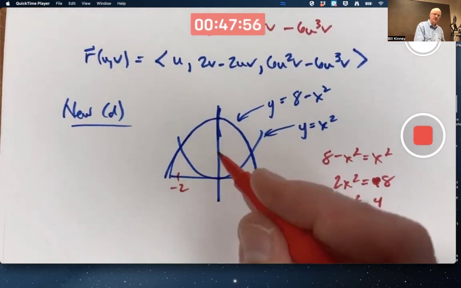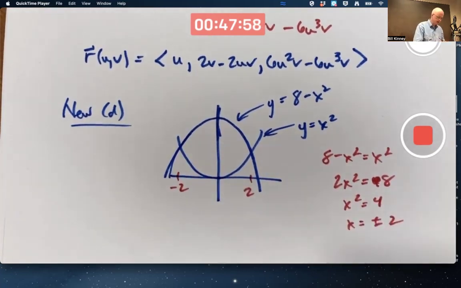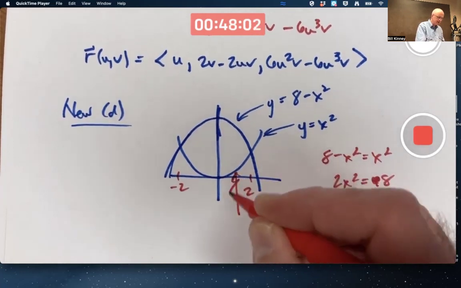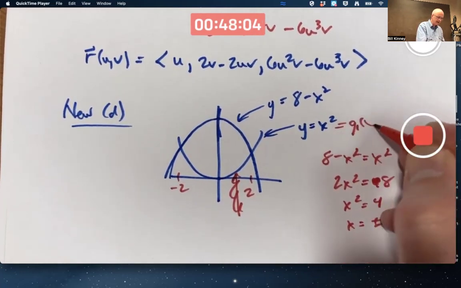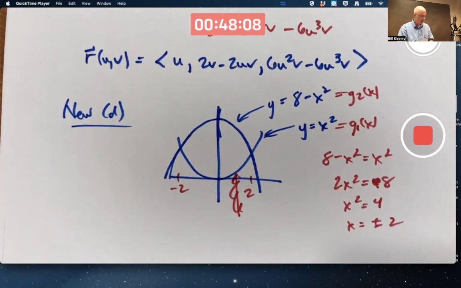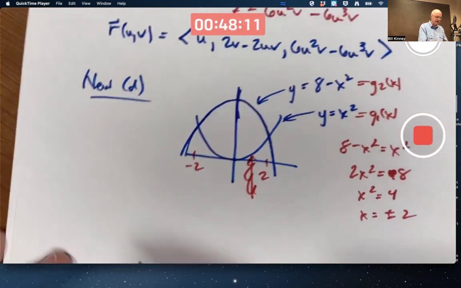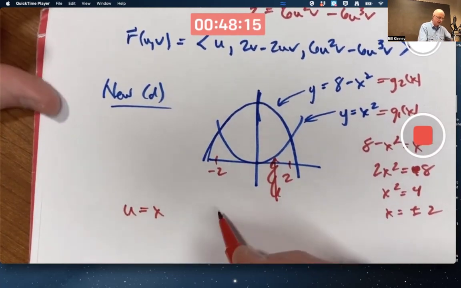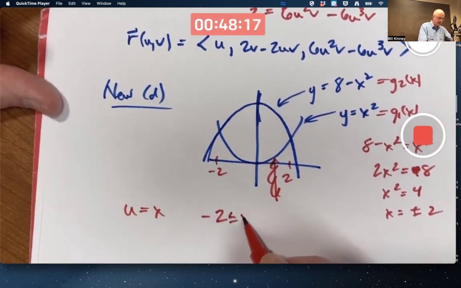I'm interested in parameterizing the surface over this region. To be consistent with the book's notation, let's call this function g1 of x and this function g2 of x. What you want to do to parameterize the surface is let u equal x going between negative 2 and 2.